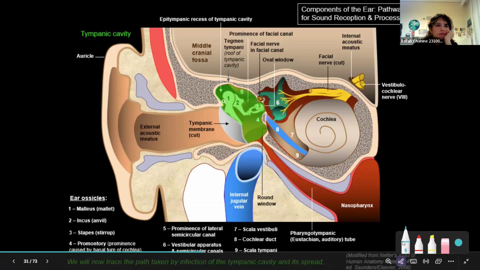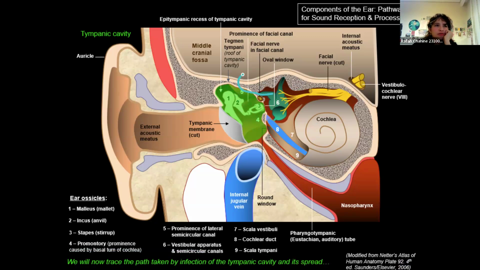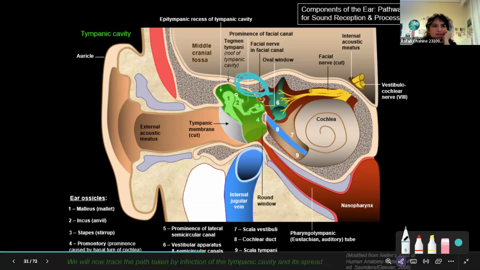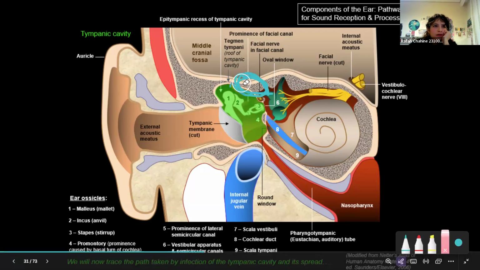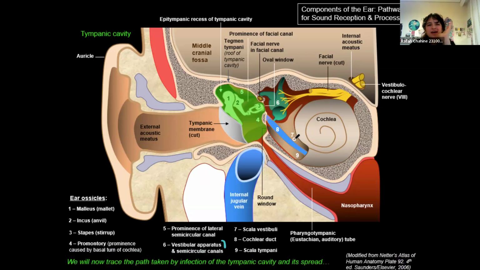Basically, this is a semicircular canal, and we're going to understand what those are. If I were to continue this drawing, this is the impression of the lateral semicircular canal. Number six over here is the vestibular apparatus, which we're going to take later on. Number seven is the scala vestibuli. Ignore the rest, because that's going to be taken later.